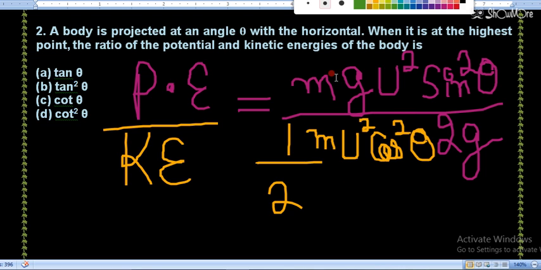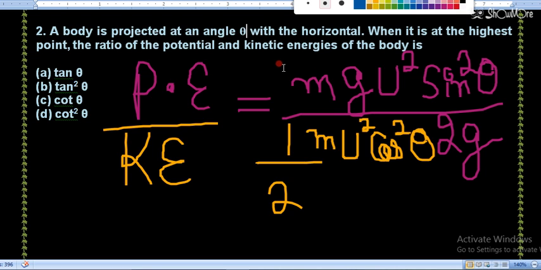So here I have used the relation mgh, m as it is, g as it is. For h I have put the relation u square sin square theta by 2g. Here I have used half m v square, m as it is, and the velocity at the top point is the horizontal component, that is u square cos square theta.